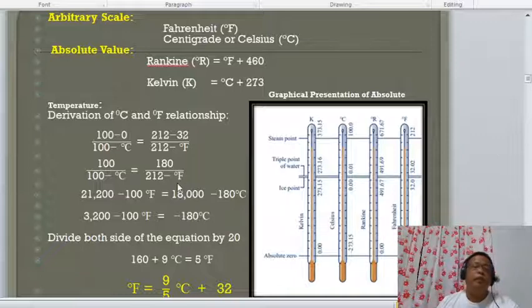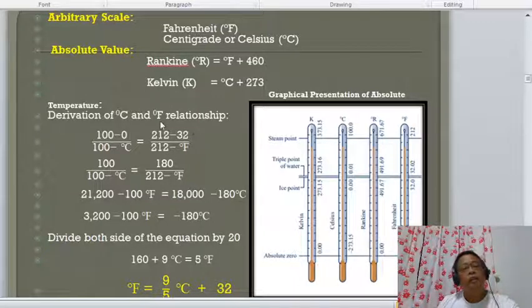So, by interpolation, 100 minus 0. So, this is the boiling point minus the freezing point, divided by the freezing point minus the temperature reading inside or between 0 and 100, as to 212 minus 32.